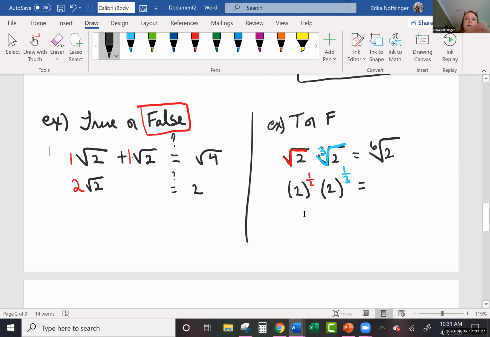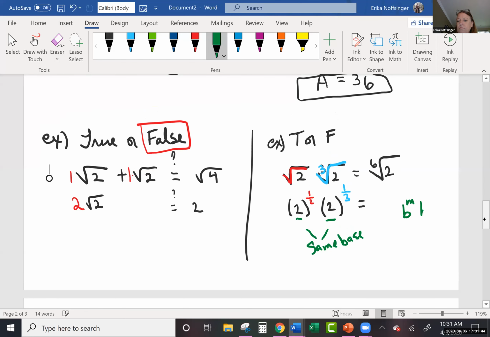What is the rule if you have the same base? What do we do when we're multiplying same base? What do you do with your exponents? Going to add. Yep, add the exponents.